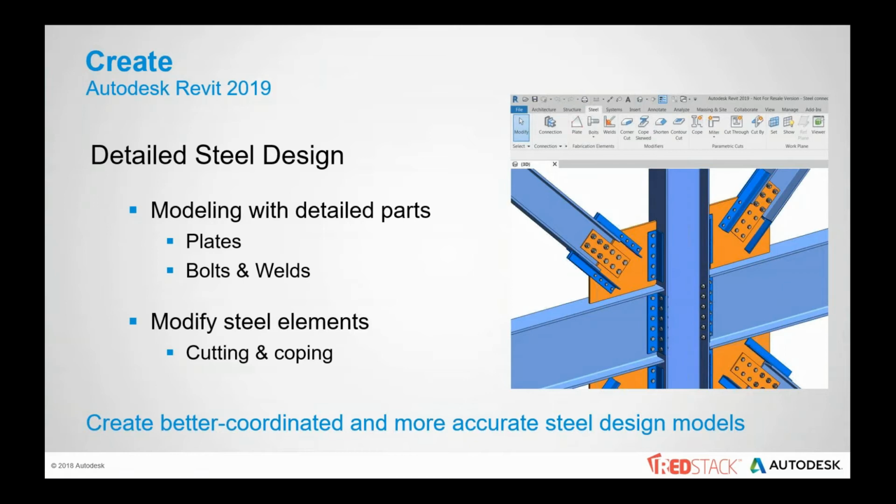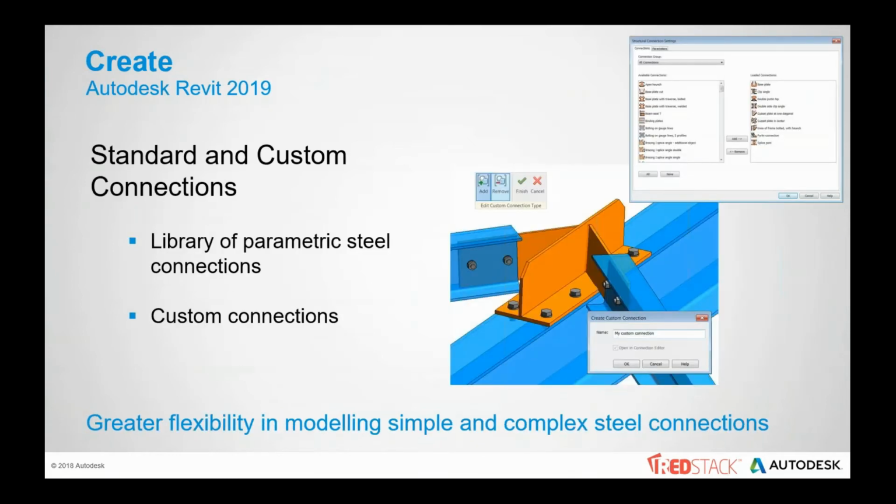Steel components like plates, bolts, anchors, shear studs, and welds can now be placed in the 3D model to connect structural members together. So by having a more accurately defined design model in Revit also enables a better interoperability with Autodesk Advanced Steel for steel fabrication, where you can gain greater flexibility in modeling simple and complex steel connections in your structural projects.